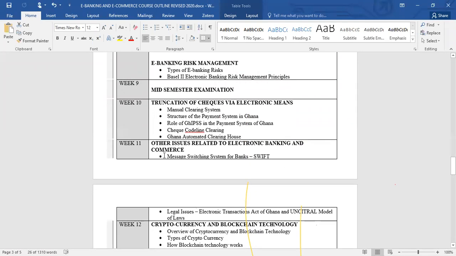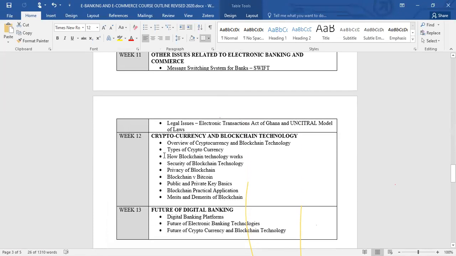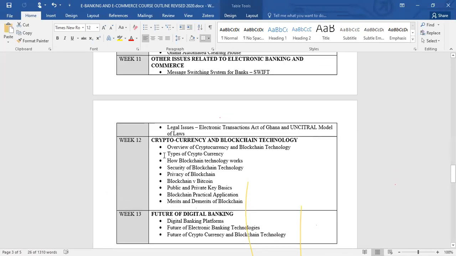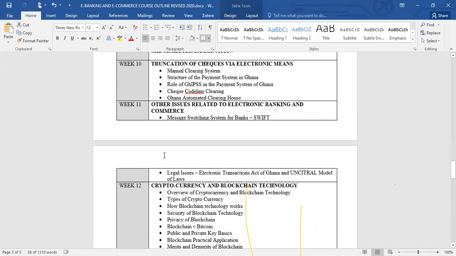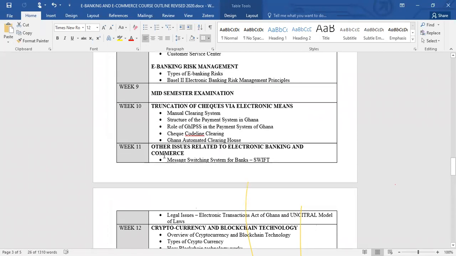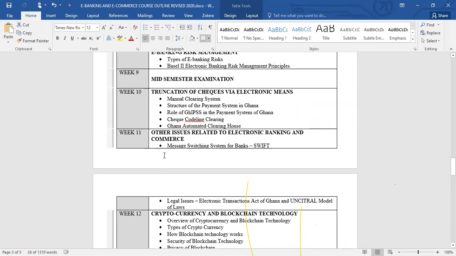Then we'll consider other issues related to electronic banking and electronic commerce. From week 11 to week 13, or it can be from week 10, it depends, those are the topics that you are likely to have as your group work.